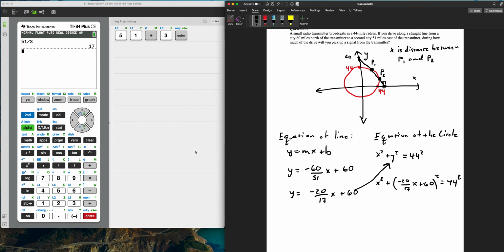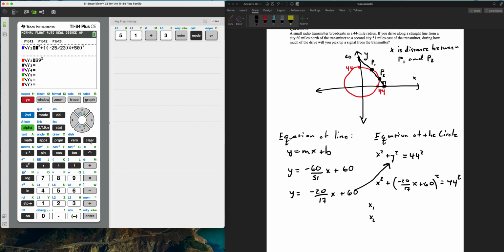Now we're going to jump to our calculator and calculate approximate values for these x values for these points of intersection. We're going to find x1 and x2, and we're going to use as many decimal places as we can. The calculator will give us a good approximation.